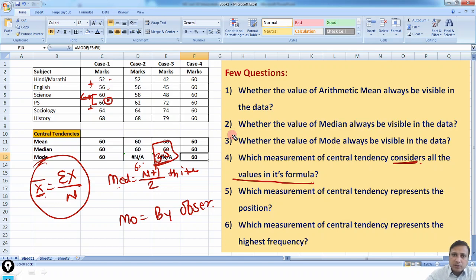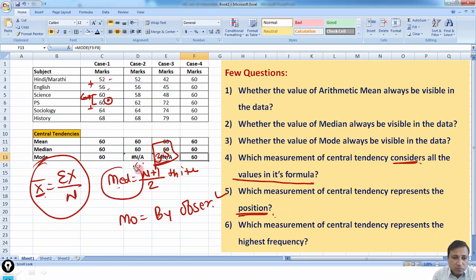Even in the future lectures, and during this course also, we'll be using the arithmetic mean many times for further statistical treatment. Fine. Which measure of central tendency represents the position?